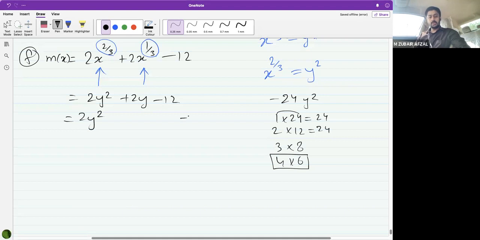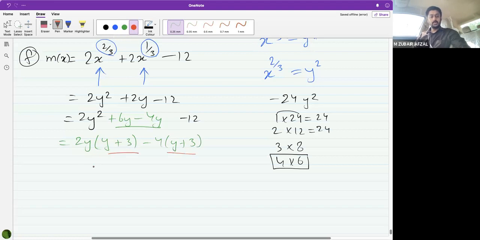So adjusting our middle terms, this is plus 6y and minus 4y. Adding these two, I get 2. Multiplying these two, I get minus 24. So 2y left with y plus 3, minus 4, y plus 3. Taking out common, y plus 3 times 2y minus 4.